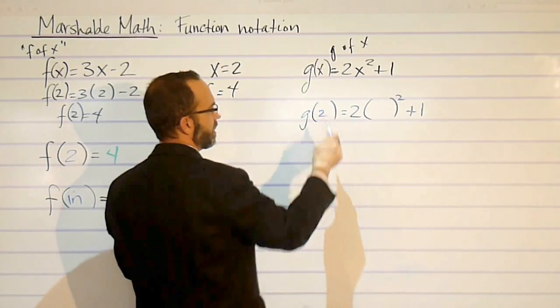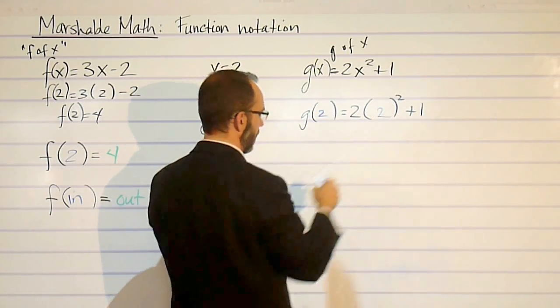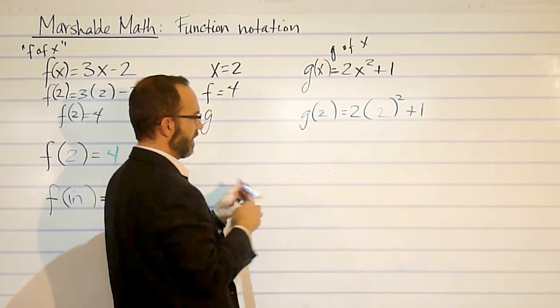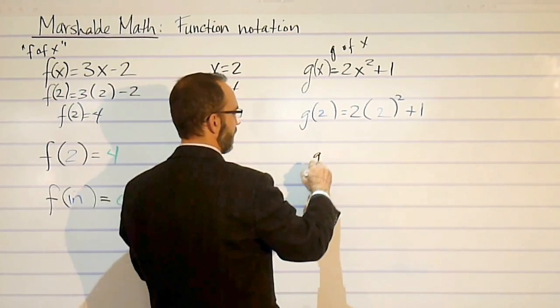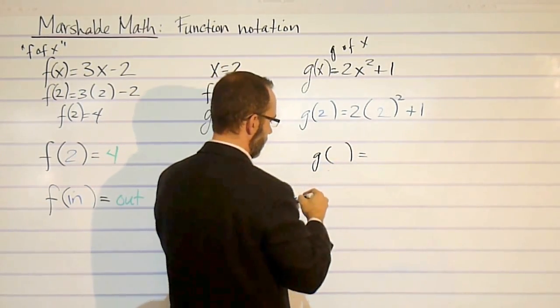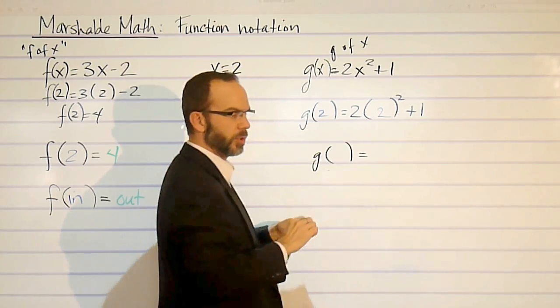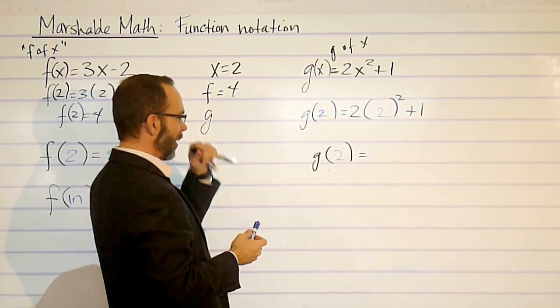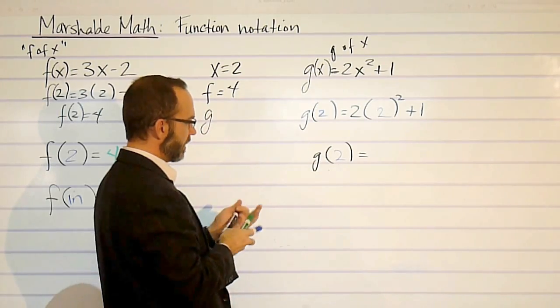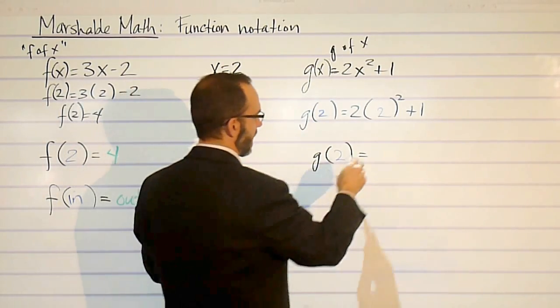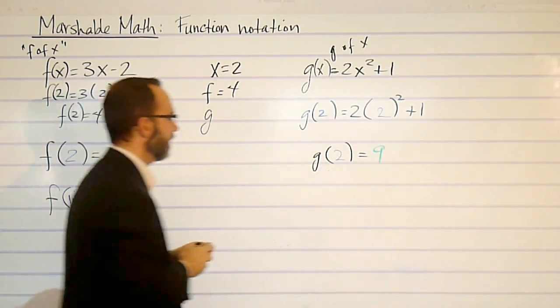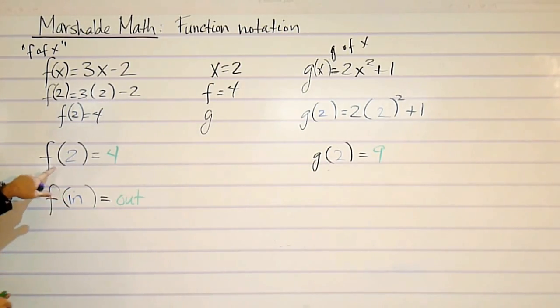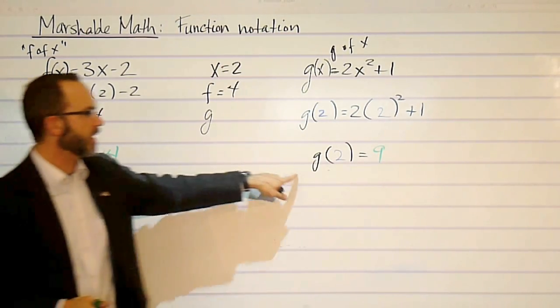So g of 2 is equal to 2 times 2 squared plus 1. If I run that math then, let's see if I can do it right. 2 squared is 4, times 2 is 8, plus 1, is that 9? I think so. So very clearly here I can say f of 2 is 4, g of 2 is 9.